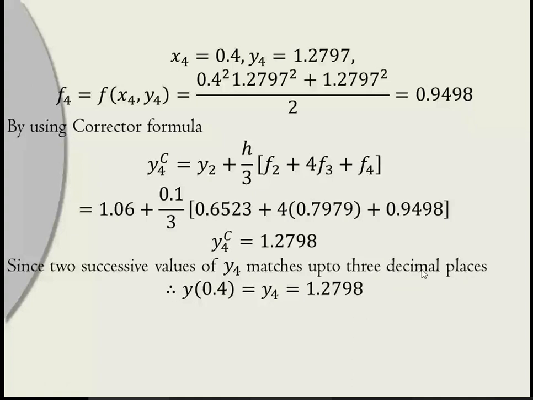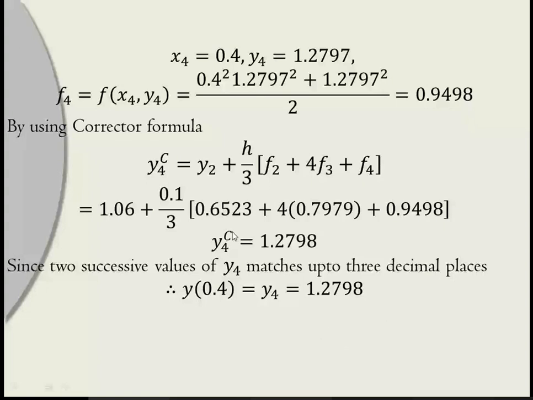But if it doesn't match, then find f4 with that corrected value and do the calculation. Then whatever f4 we get, with that new f4, find y4 again. If this previous value of y4 and this value of y4 match, then we get the answer. But if these two don't match, then again we find f4 with the new value and we find new y4, corrected value of y4.